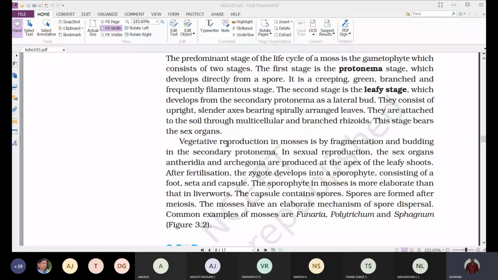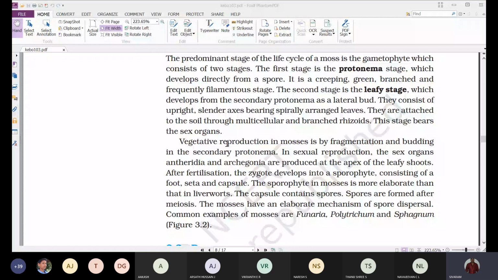So we observe the primary protonema and the secondary protonema. The primary protonema is the stage which develops directly from the spores, and later it gives rise to the secondary protonema, and this secondary protonema forms the buds which will give rise to the leafy stage, which forms the sex organs.